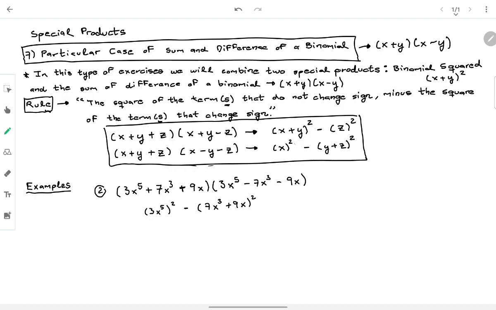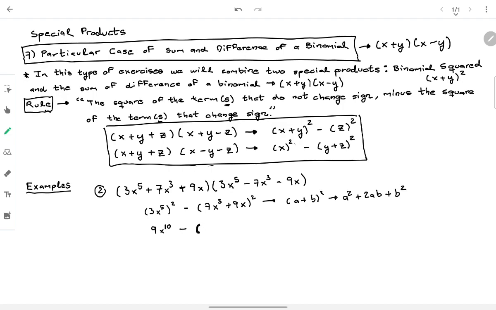So we continue. Remember this one is going to be a binomial squared, so it's the first one squared plus 2 times the first one multiplied by the second plus the second one squared. So the answer is going to be 9x to the 10th minus, and we keep the parentheses.